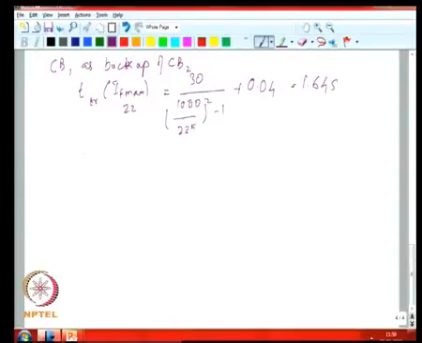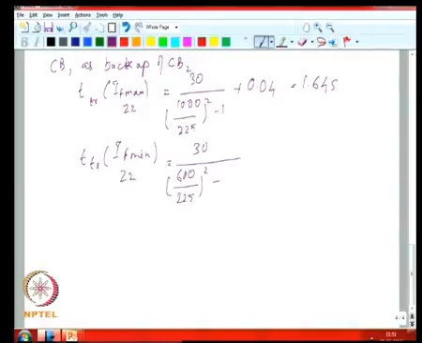If you look at the minimum current level, let us look at the two current levels.